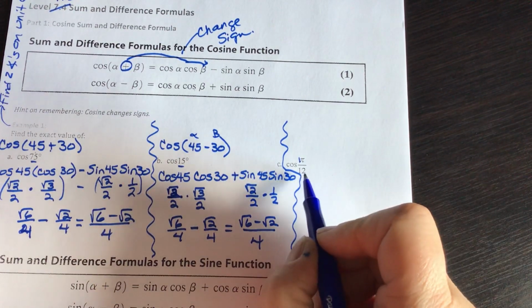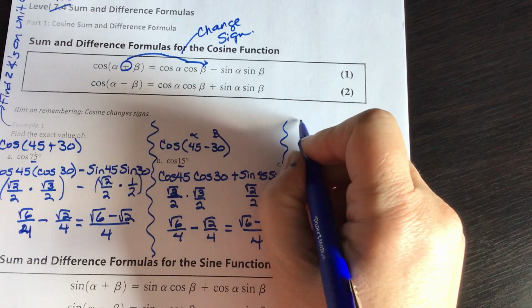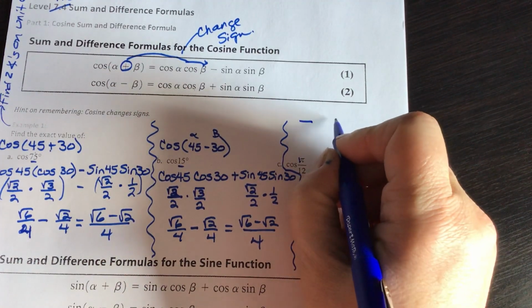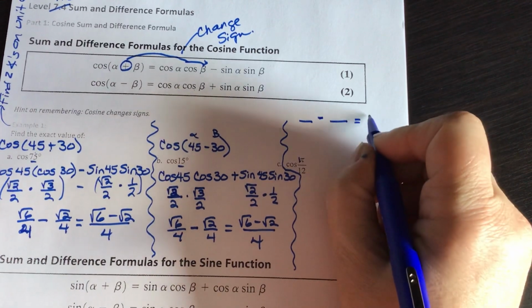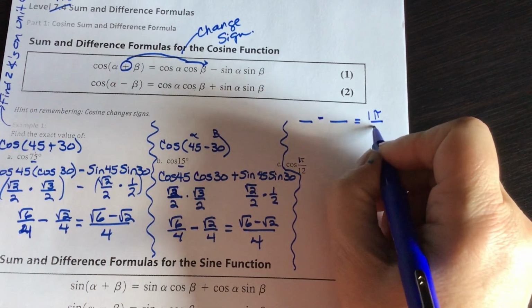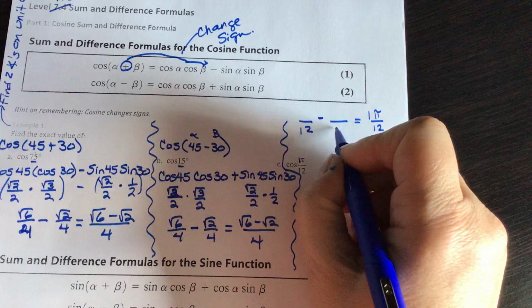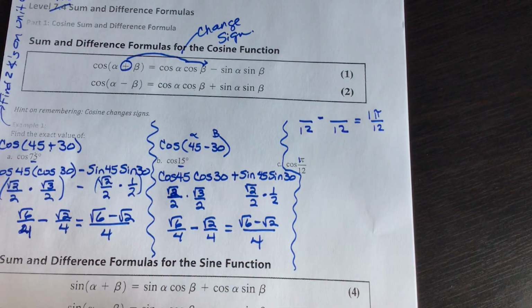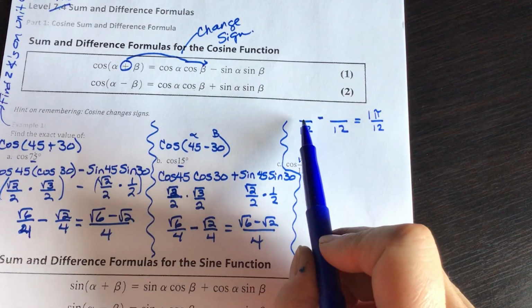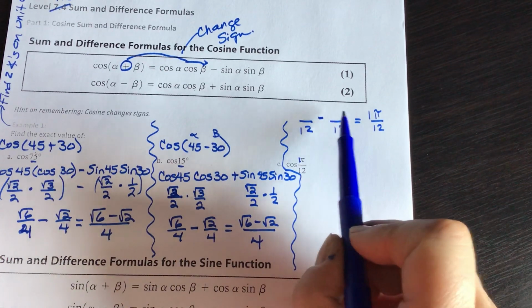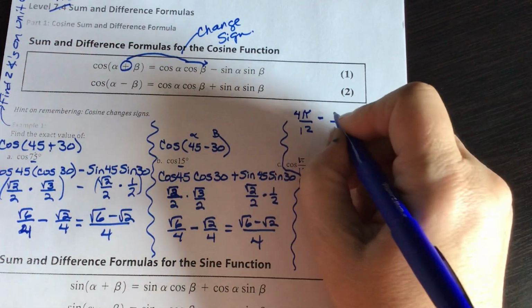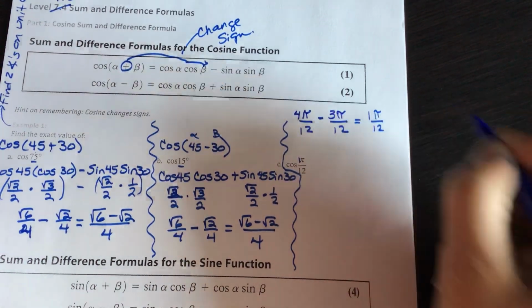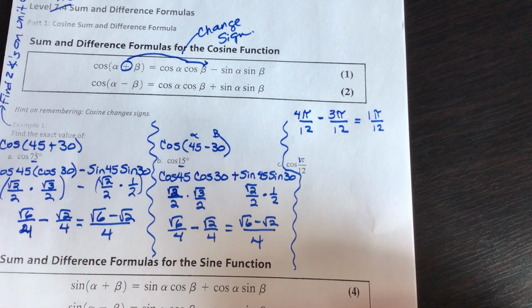So if I'm thinking about two numbers, I'm going to subtract them to get 1 pi over 12. With a common denominator, 4 pi minus 3 pi is 1 pi, so 4 pi over 12 minus 3 pi over 12 is 1 pi over 12.